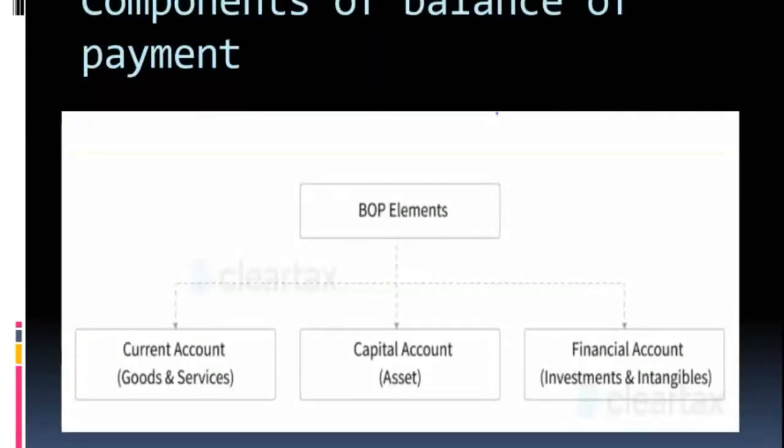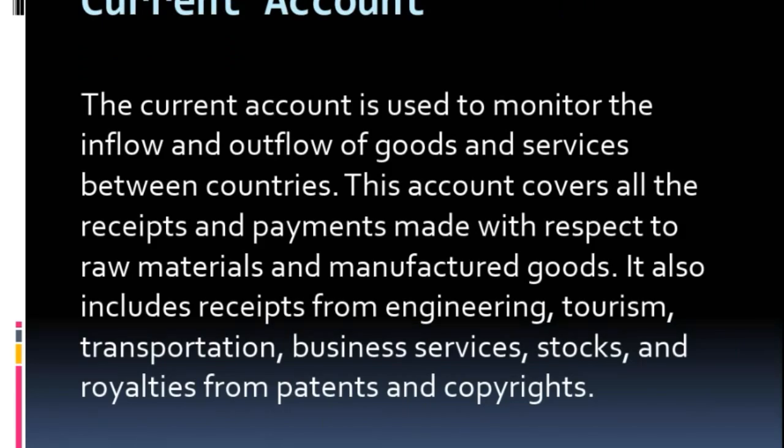Mainly, there are three major components of balance of payment: current account, capital account, and financial account. Let's understand what is meant by each. Current account records all the visible and invisible transactions of a country with the rest of the world.